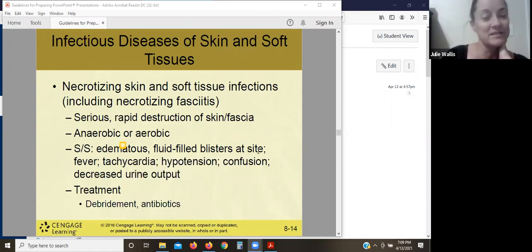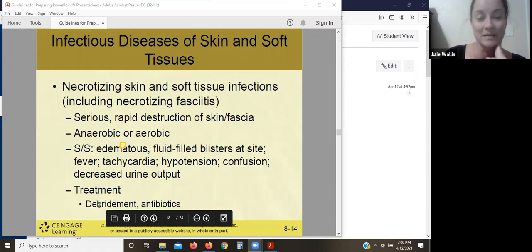Fluid-filled blisters at the site, can even have fever, tachycardia, which is rapid heart rate, hypotension, low blood pressure, confusion, decreased urine output. Treatment is debridement and antibiotics. Debridement is removal of the infected and dead tissue, which is, I'm sure, not very pleasant.